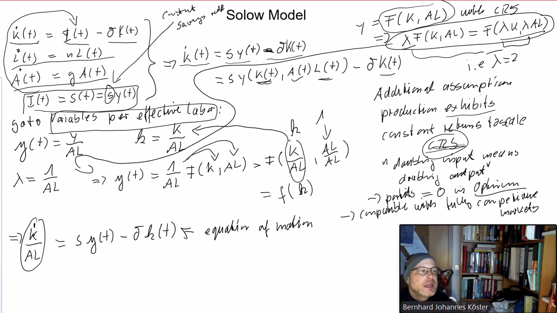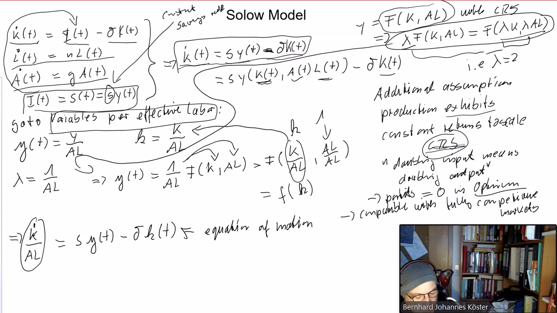Remember that this assumption is also in line with a description of our economy with fully competitive markets, because if you are producing with constant returns to scale, then in optimum your profits will be zero.